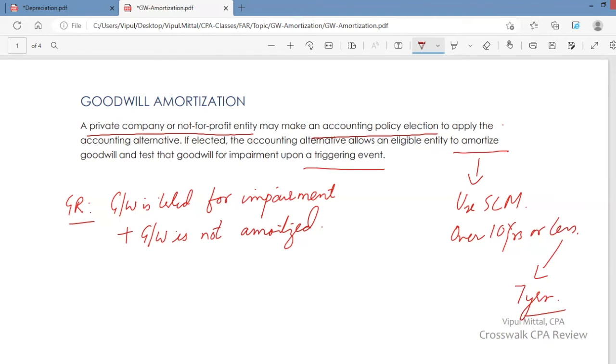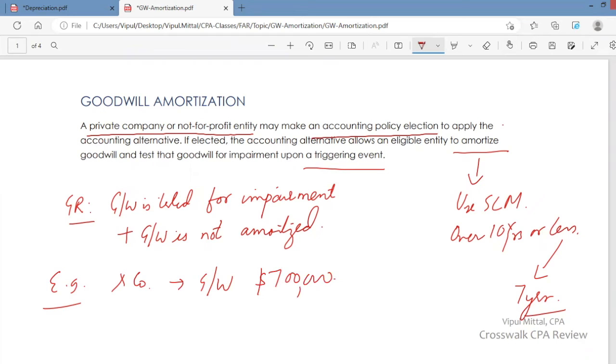So a private company or not-for-profit entity may make an accounting policy election. And if this election is made, they should amortize goodwill over a period of 10 years or less. For example, X company has goodwill of 700,000 in its books.